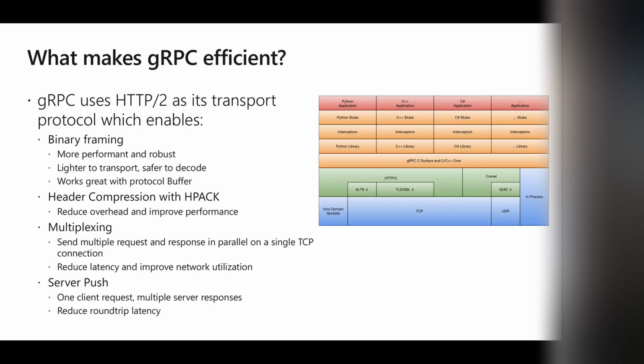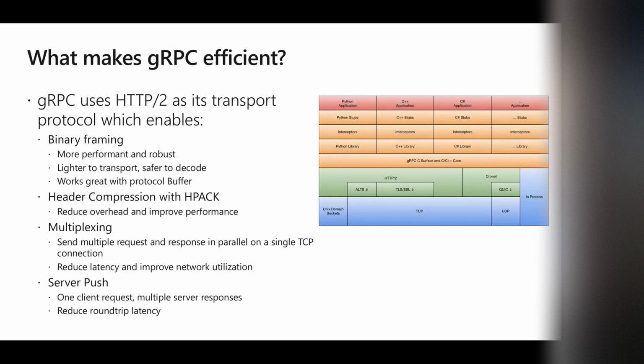Another thing is server push. What that means is a client can send a single message to a server, and the server can send multiple responses back. Why is this important? Think of a scenario where you ask the server to start a long running task, and the server needs to provide you an update.